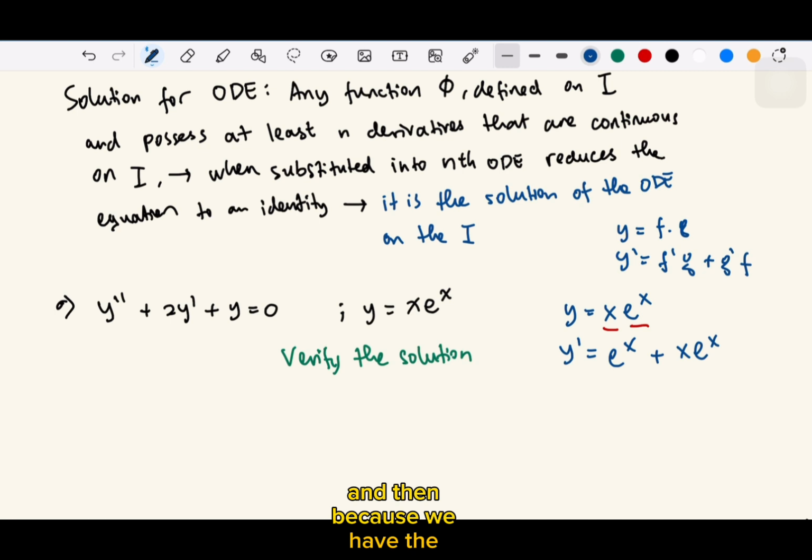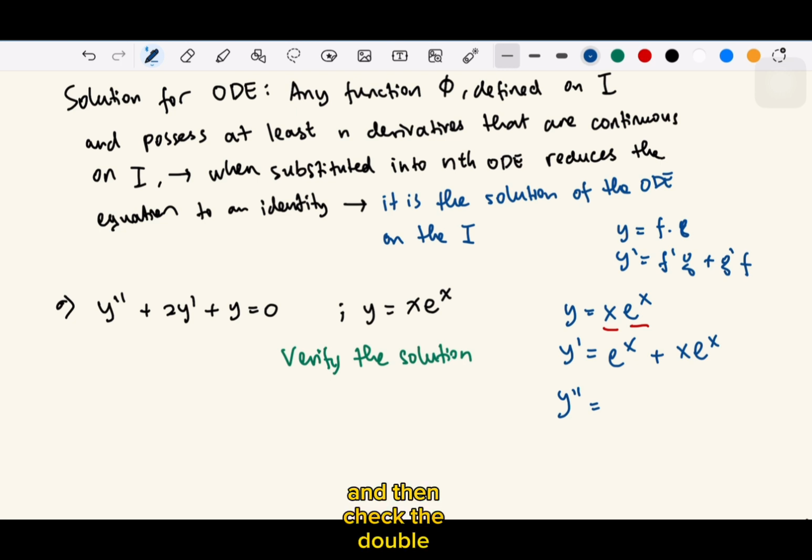And then because we have the second order, we also need to check the second derivative. Later on, we are still going to do this kind of verification more and more, because if we get a solution from some techniques, we also need to check whether our solution is satisfied or not.